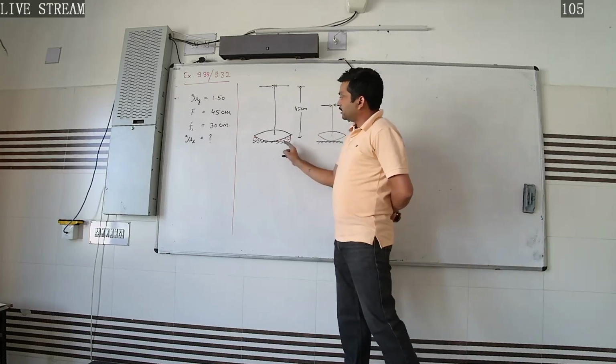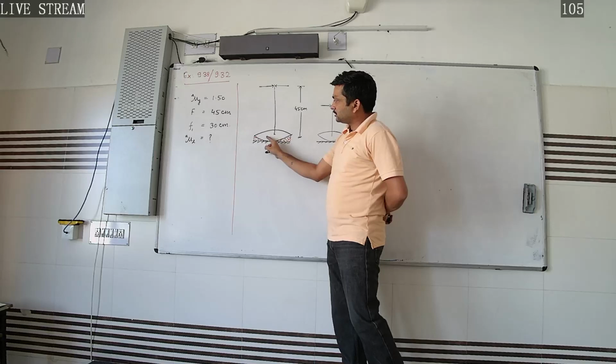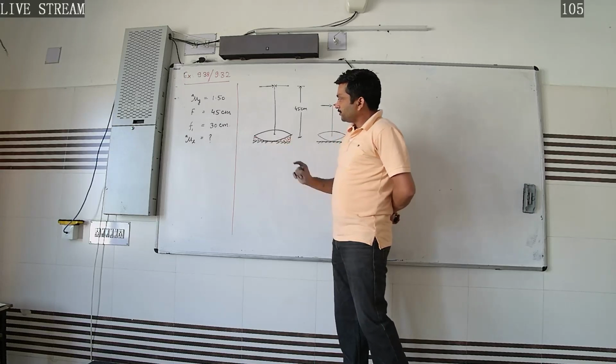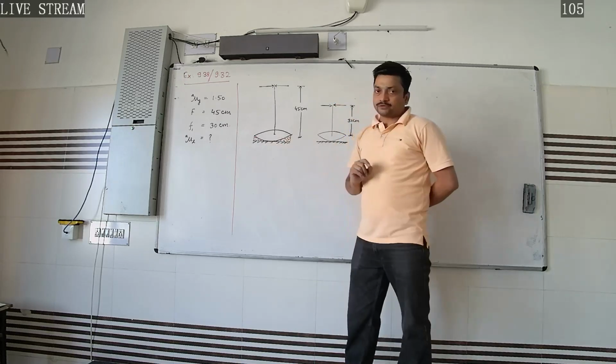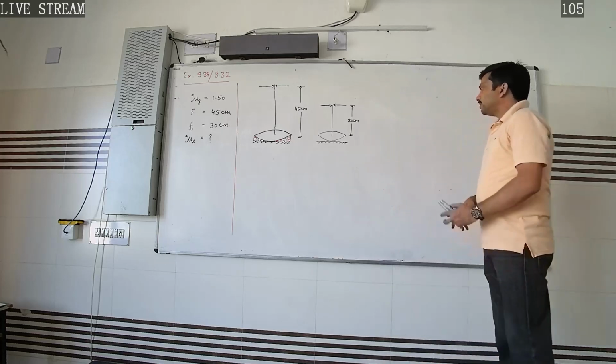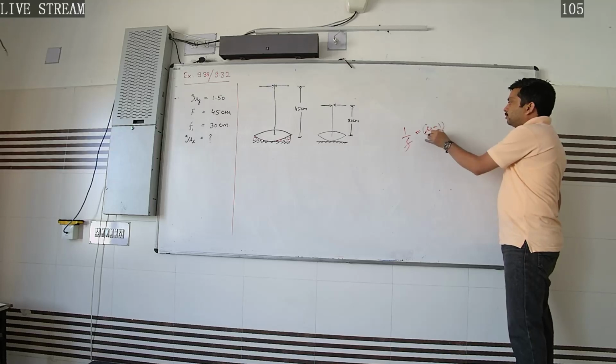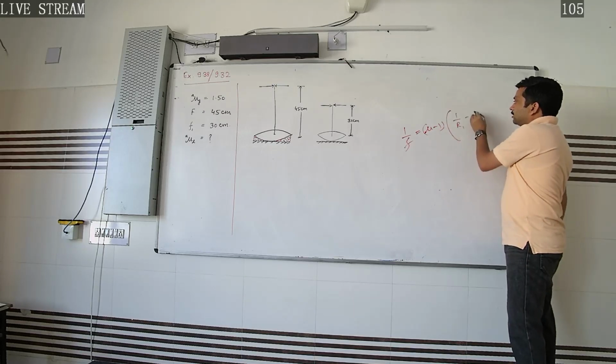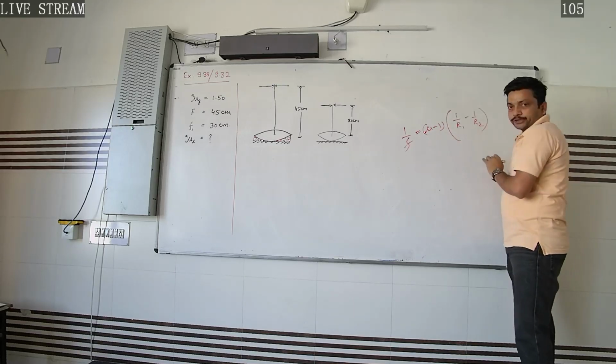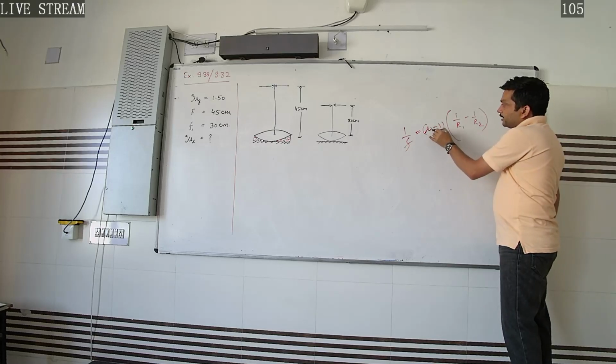So we have to find the refractive index of this liquid. In order to find the refractive index of the liquid, we have already studied the formula: F equals mu minus 1 into 1 over R1 minus 1 over R2. So we need to calculate this.